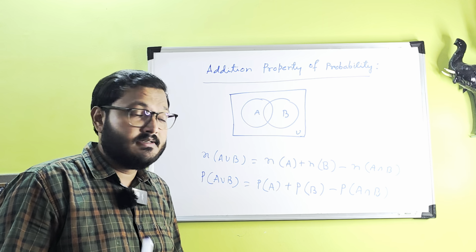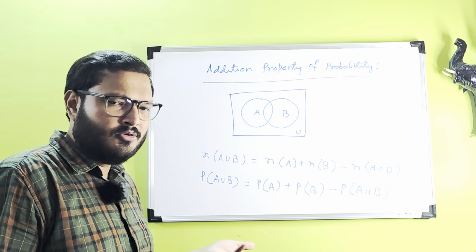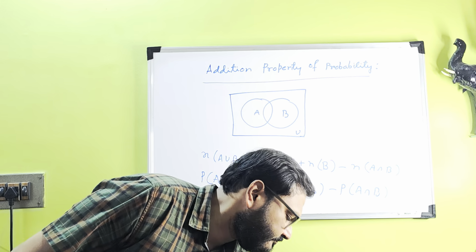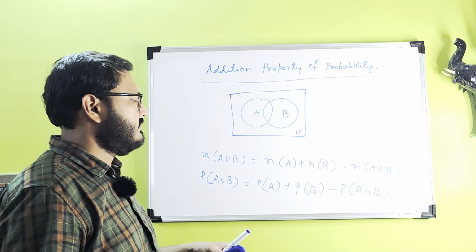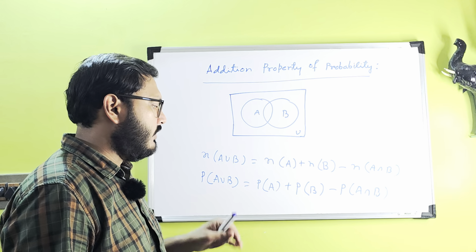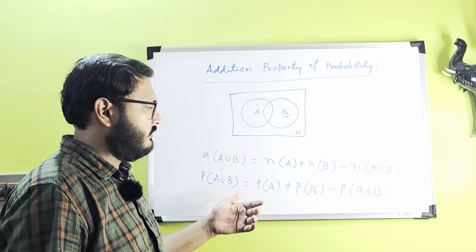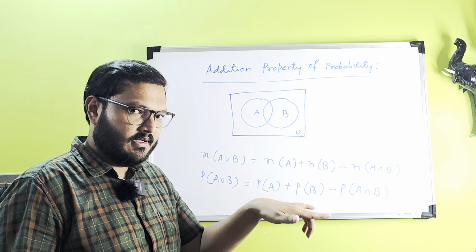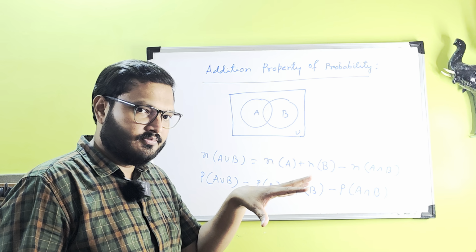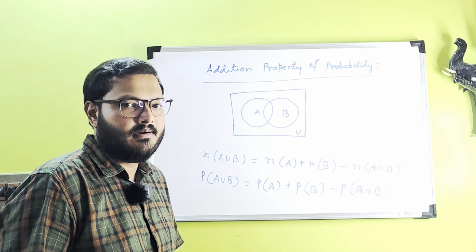For class 10 students it's not required, but we should know this one. Why did I teach this? Because we are now going to learn about the probability of complement events, and it will come from here.